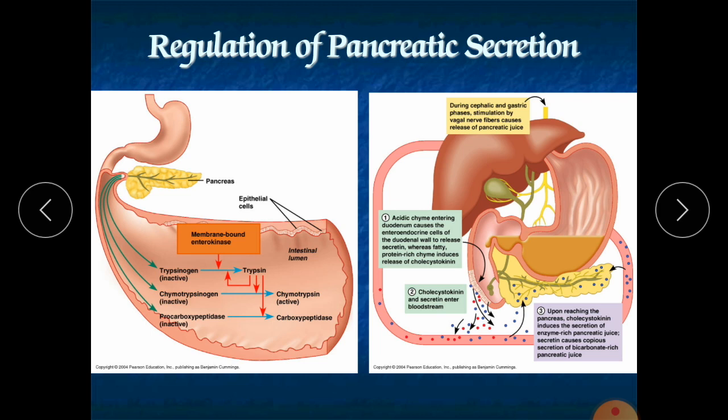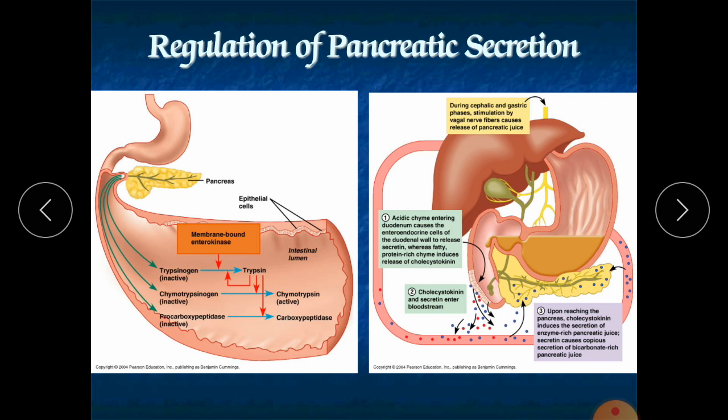All these four forms of proteolytic enzymes are released in the inactive form, but they become active by some chemical reactions. Who is responsible for that? There is one element responsible for that, called enterokinase.